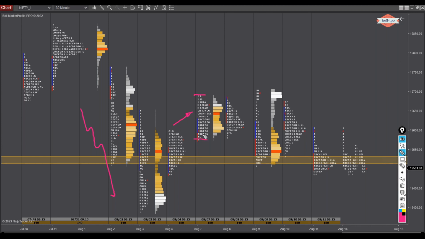Market develops a higher value area. Now you know that at least in the short term buyers are in control, but the very next day forms an inside day. So what it tells me is that although the value is higher, although the buyer tried to take control, they are now exhausted because they cannot even go above the previous day's high.